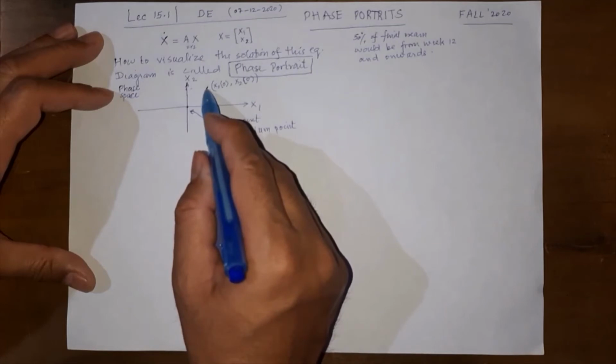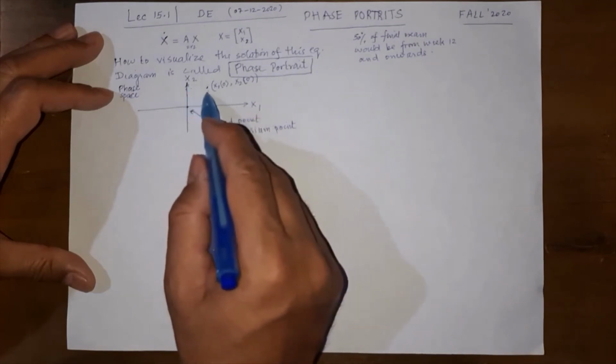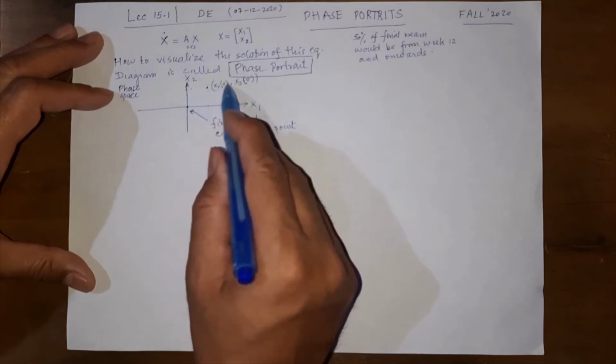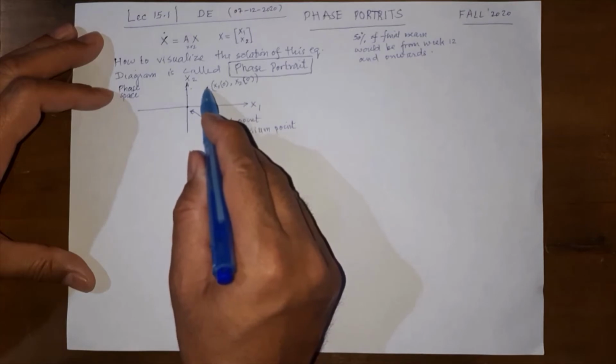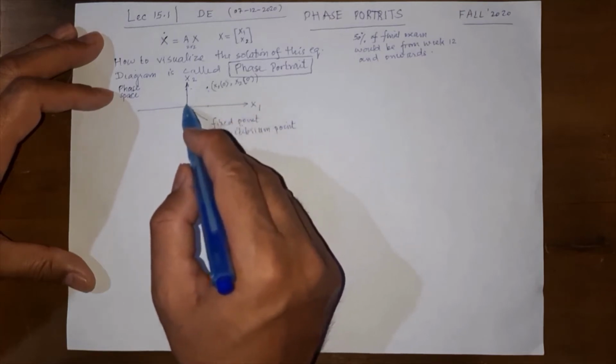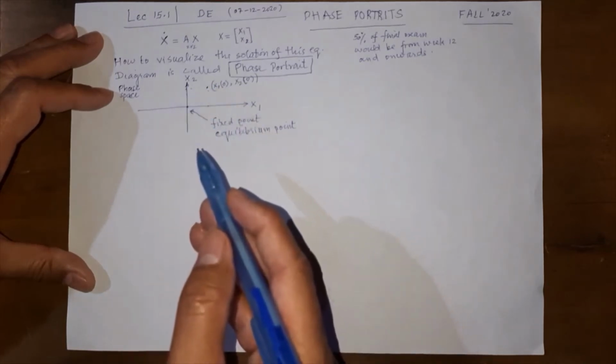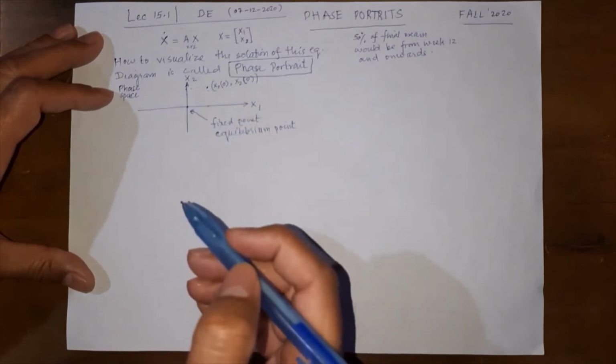That trajectory will tell how the values of x1 and x2 will evolve if the initial condition is this point. Sometimes the trajectory will go towards the fixed point, sometimes it will go away from the fixed point, and we are going to look at how things behave in this fashion.